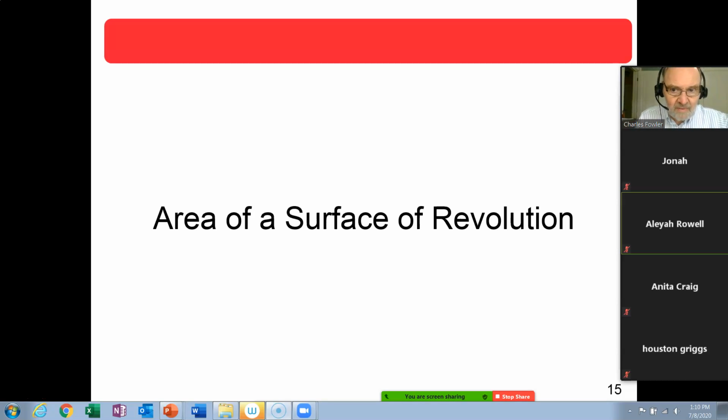Headset attached. All right, so where we're starting now in chapter 7.4 is area of a surface of revolution. Now this is very similar to calculating a volume given an area under a graph, we did rotating discs, rotating washers, or rotating shells.